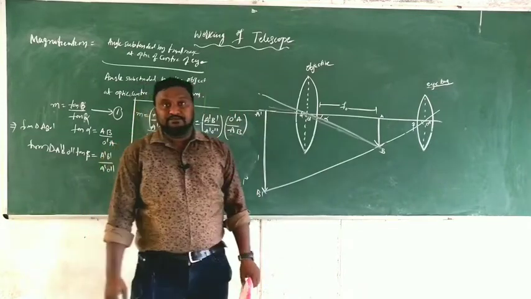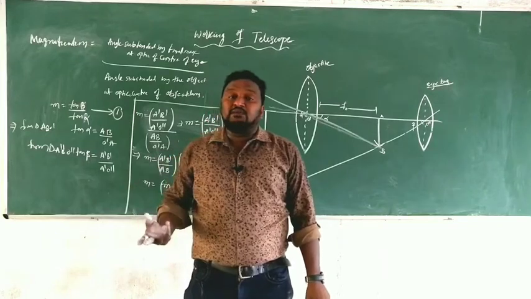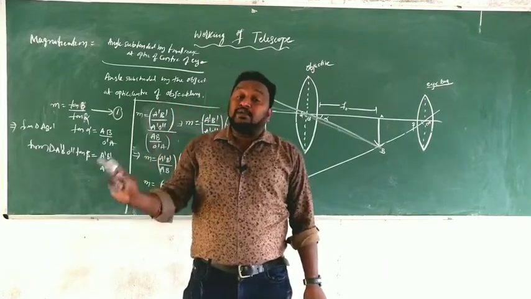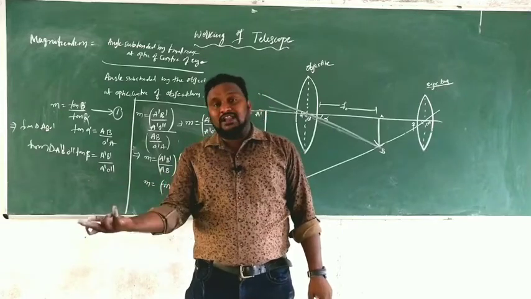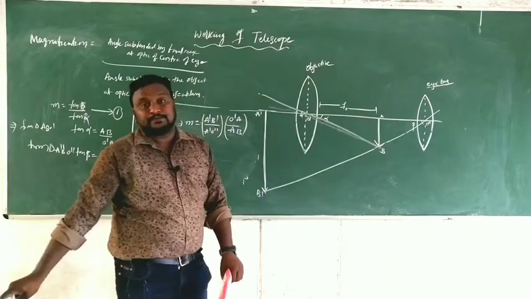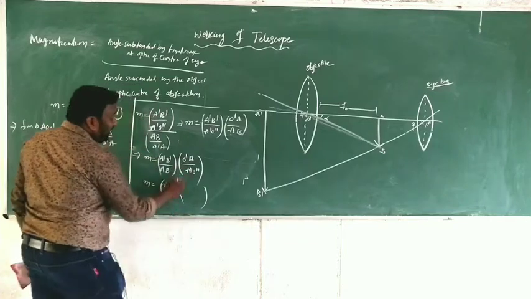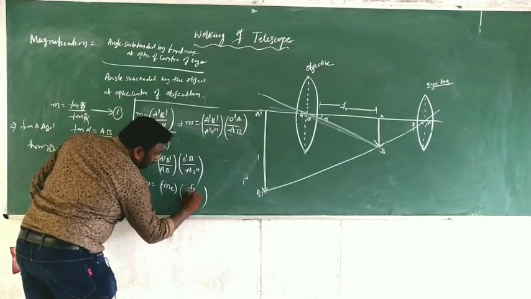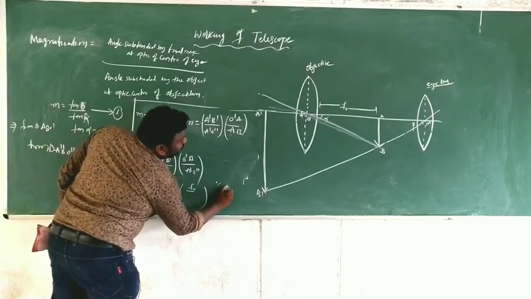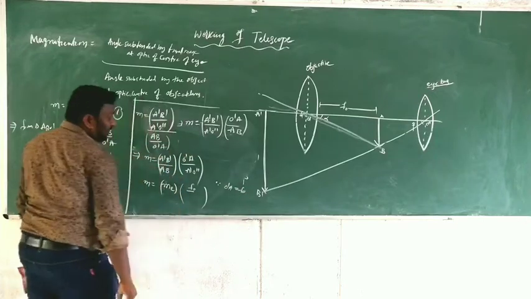Clear, children? When the object is at infinity, obviously we get the image at the focus. Again, the optic center to the focus is what we call the focal length. That's why here I am writing that O dash A means FO, the focal length of the objective.